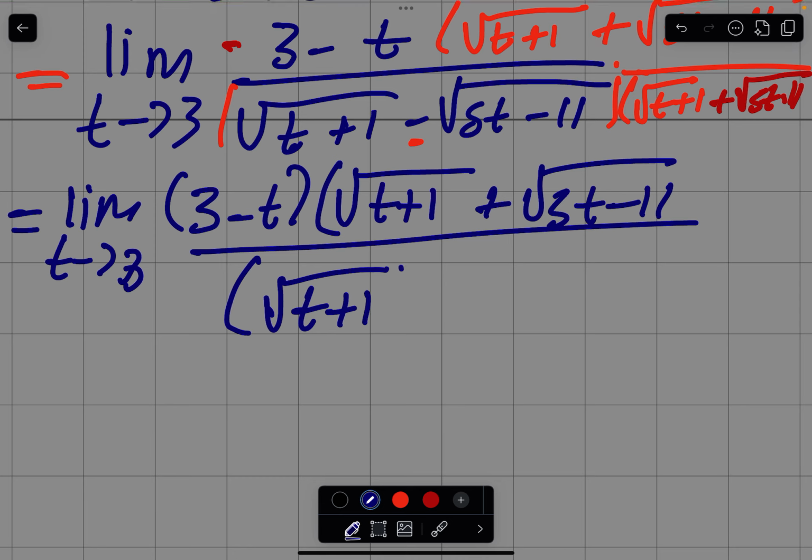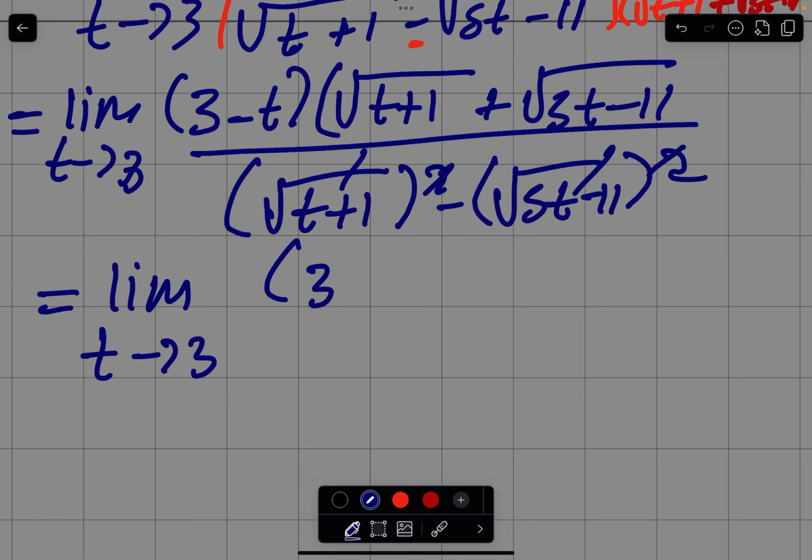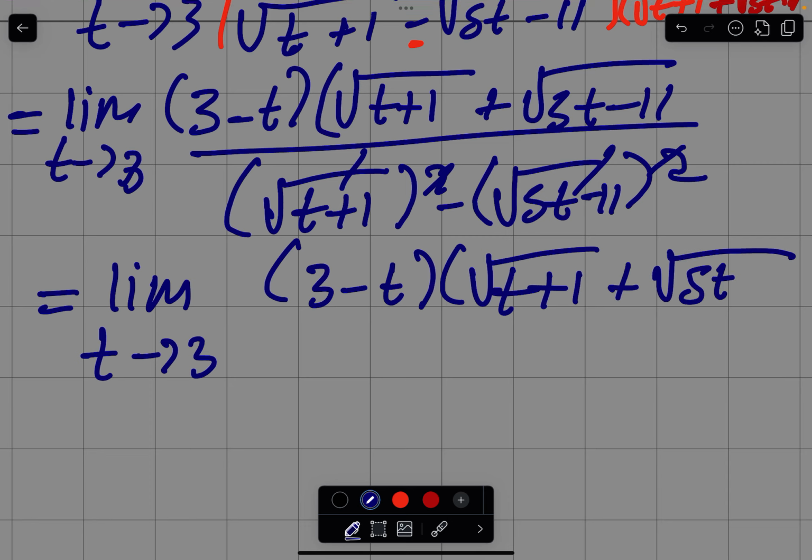I'm having square root of t plus 1 all squared minus square root of 5t minus 11 all squared. Understand? Which equals the limit as t approaching 3. This one cancels this one, this one cancels this one. We have 3 minus t into square root of t plus 1 plus square root of 5t minus 11.